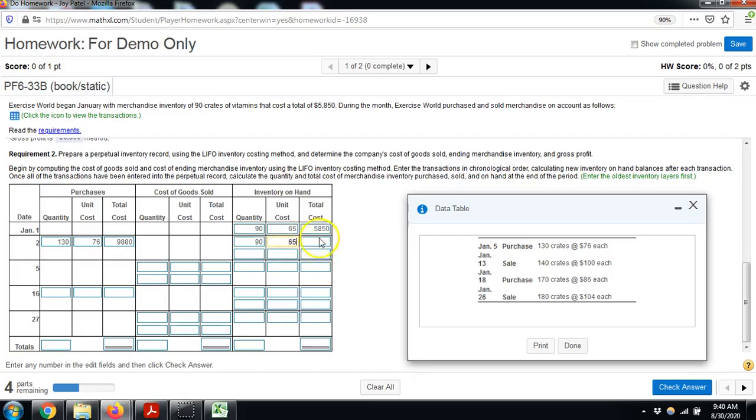So remember, the methods are costing methods. The purchase transactions are the same for all of these methods. It's when we're calculating cost of goods sold, that's when we have to start thinking about which costing method we're using. So all the purchase transactions, again, are going to be the same between these three methods.